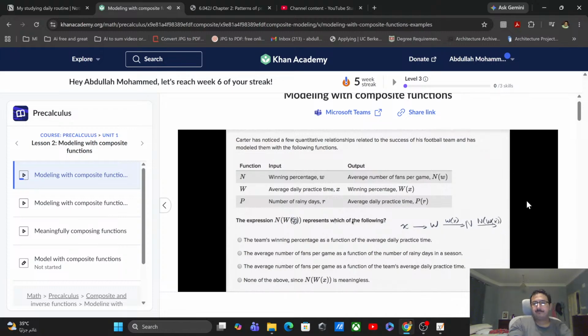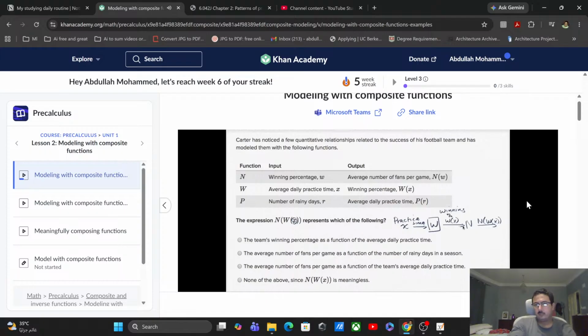So what does the function W do? Well, that's winning percentage as a function of practice time. So you input practice time, and it somehow predicts a winning percentage.